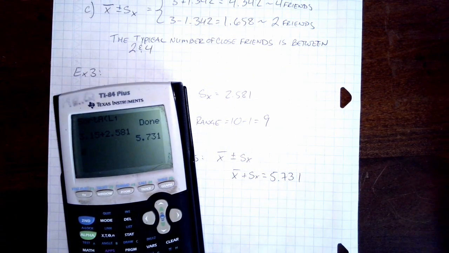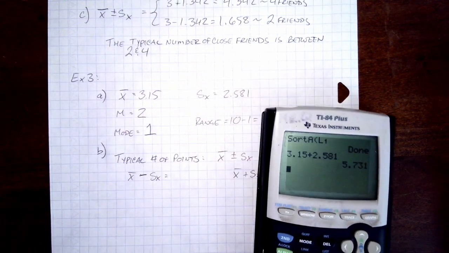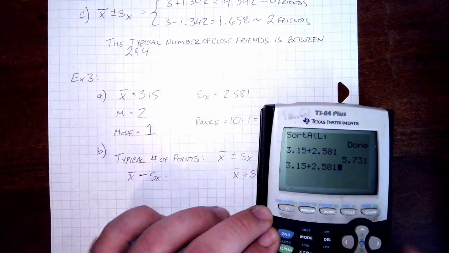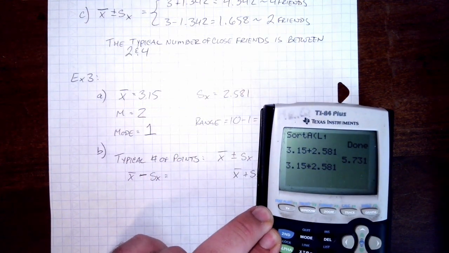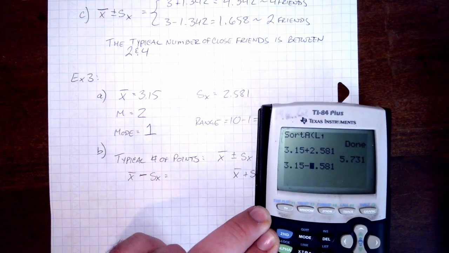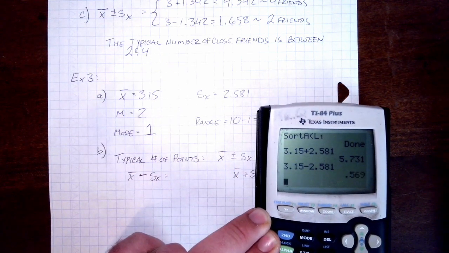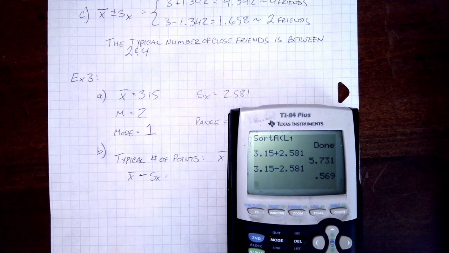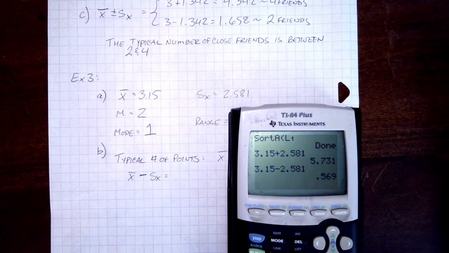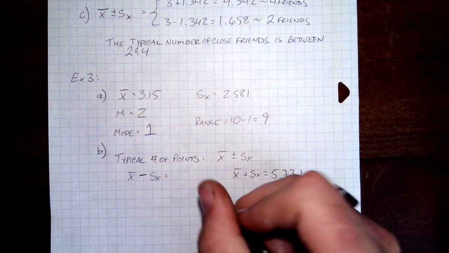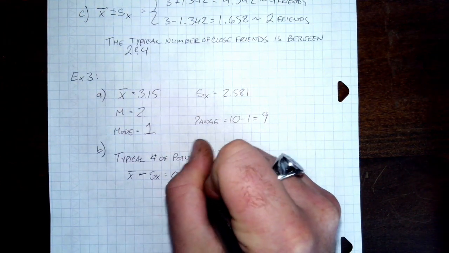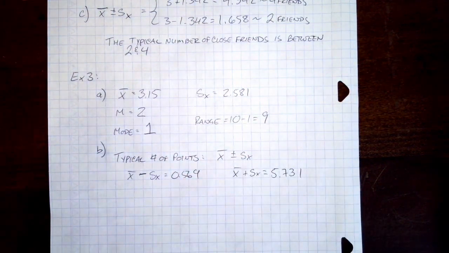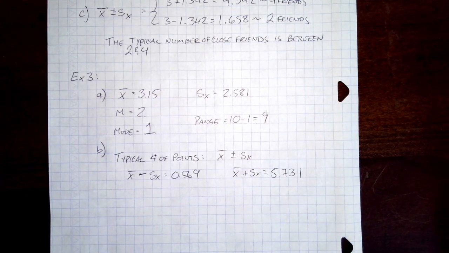And right now, even though you can't score a fraction of a point in soccer or football, we're going to keep this as, in the long run, on a very, very great number of games, this is kind of what the numbers will average out to be, between 0.569 and 5.731. So in practical terms, they actually score between 1 and 6 points most games, if we round up.